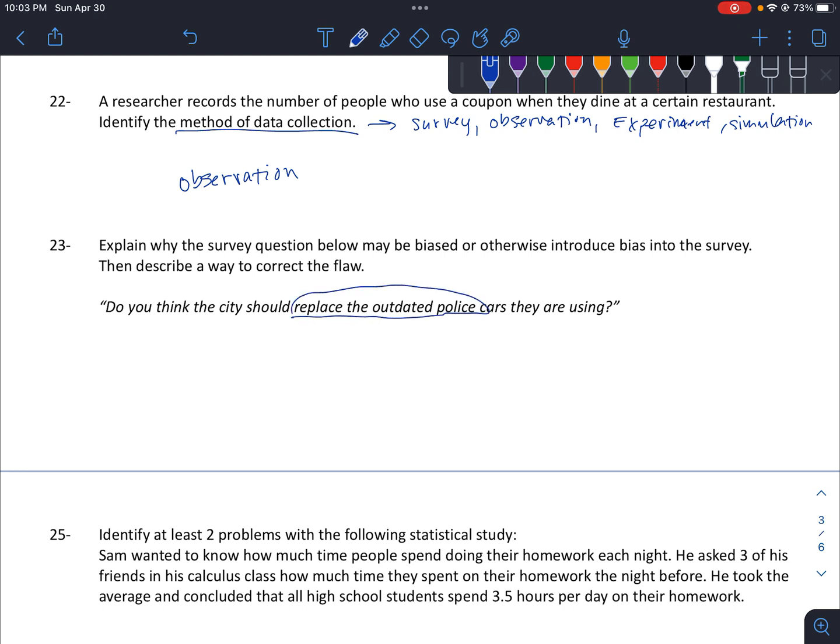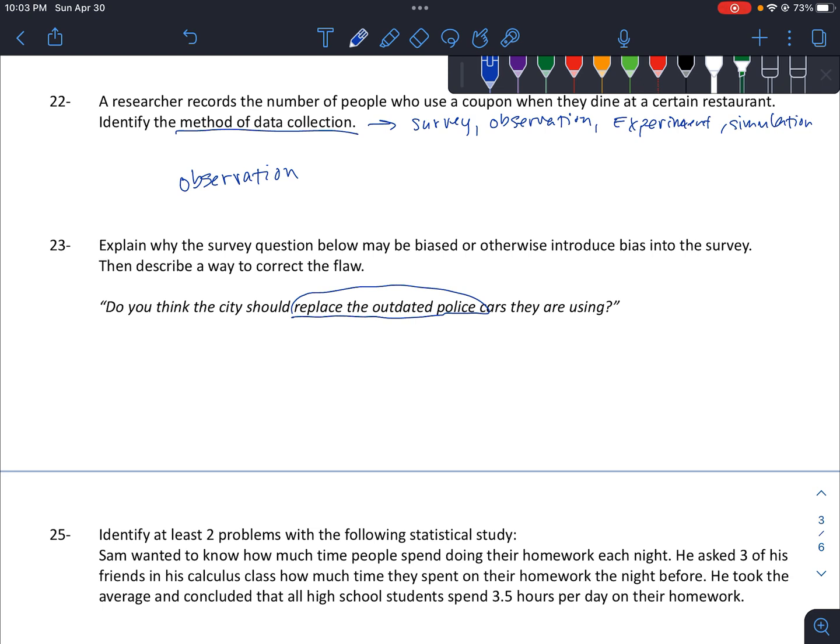So, outdated is definitely kind of urging a response. It's encouraging. Well, he's saying, do you think that the city should replace the outdated police cars? Well, most people are definitely going to say, well, yeah, if they're outdated, then yes, you should replace them. So I think that would definitely give you a very biased answer.